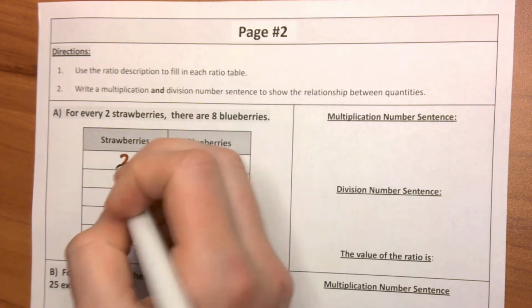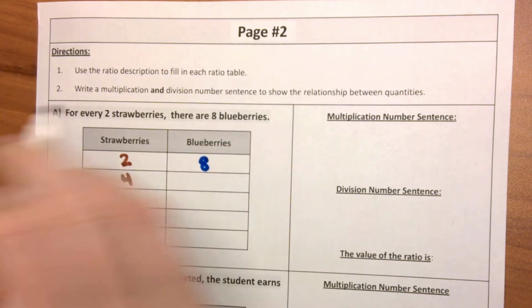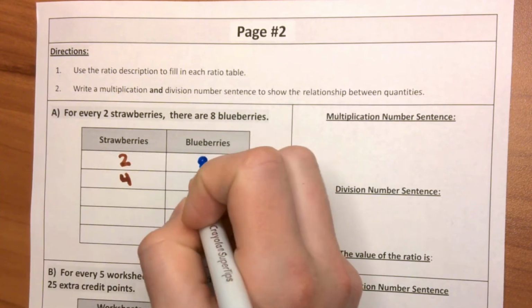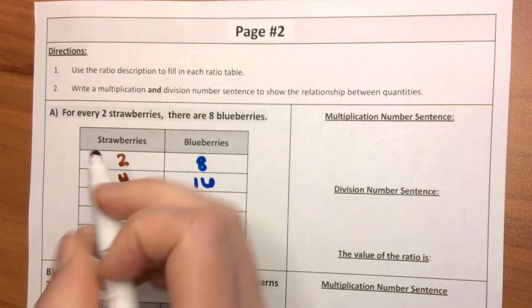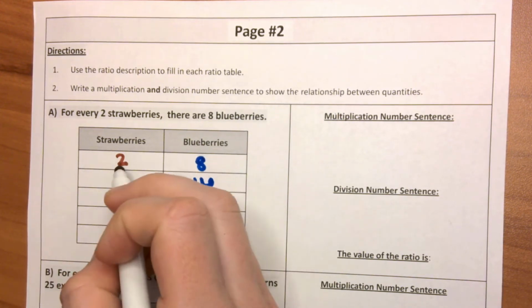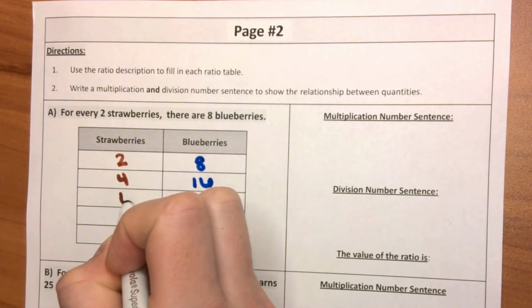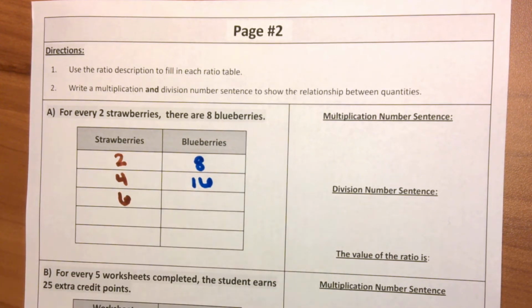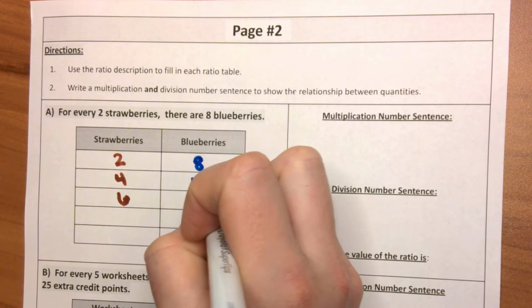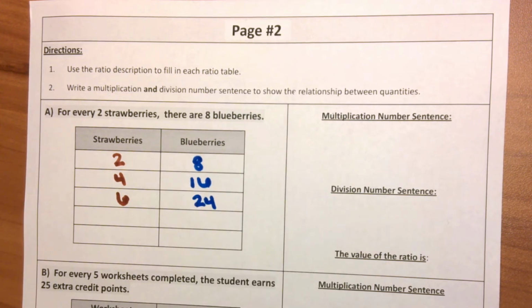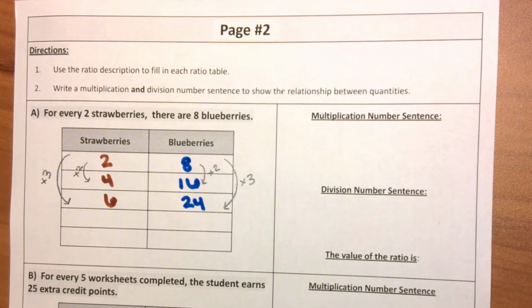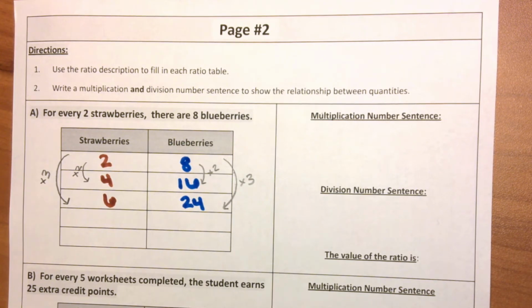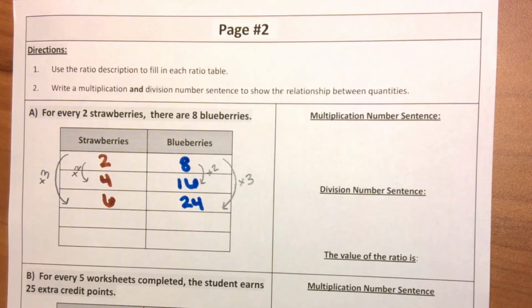Now I can double this and get 4 and 16. I multiplied both by 2. I can triple 2. 2 times 3 is 6. And 8 times 3 is 24. And then like I mentioned on page 1, we can really multiply any number as long as we do it to both sides.